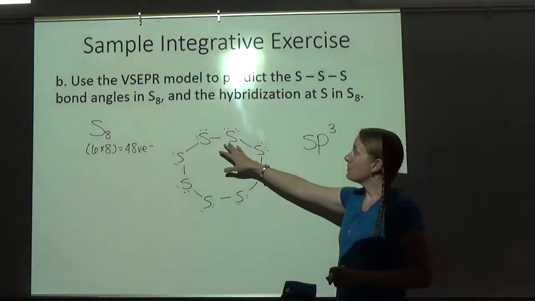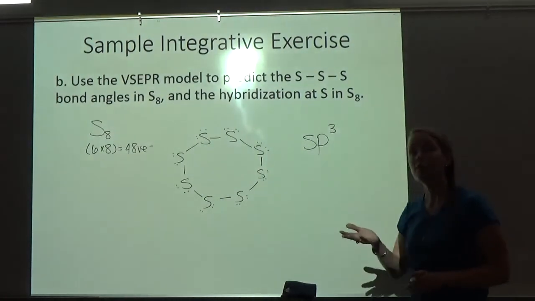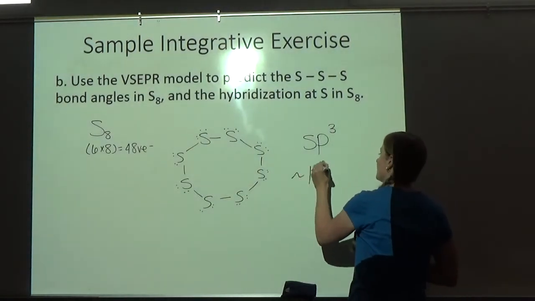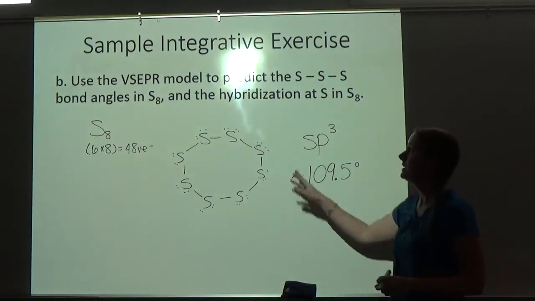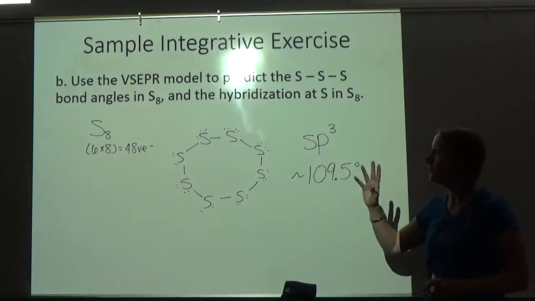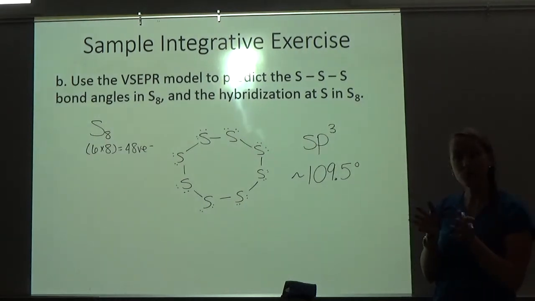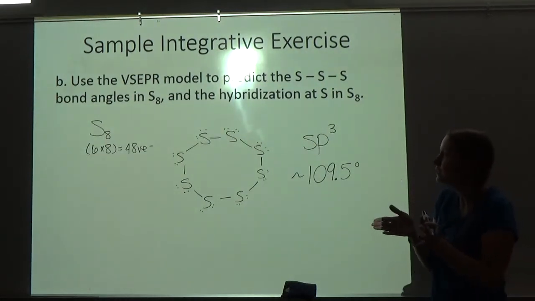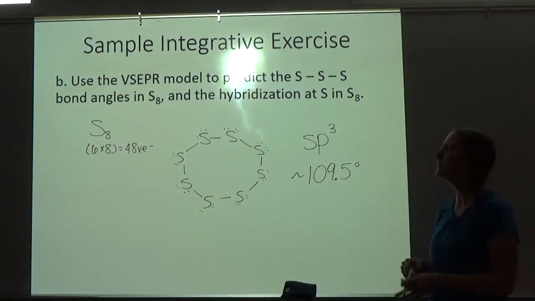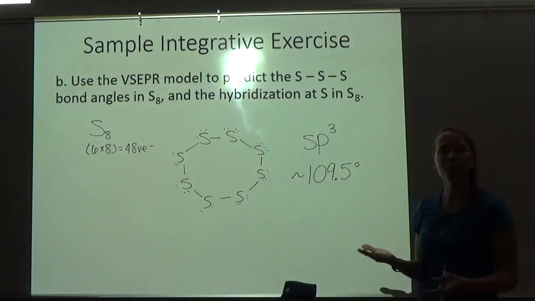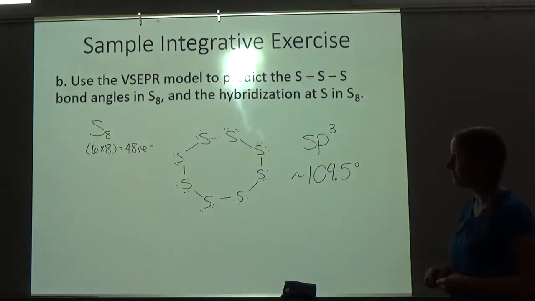Since our shape is bent, remember, it's going to have bond angles approximately 109.5 degrees. Okay, yes, we know those lone pair electrons take up more room, and they're going to try to squeeze those together, but because this is an awkward ring structure too, that's going to kind of open it up. So for this one, I would just put approximately 109.5.